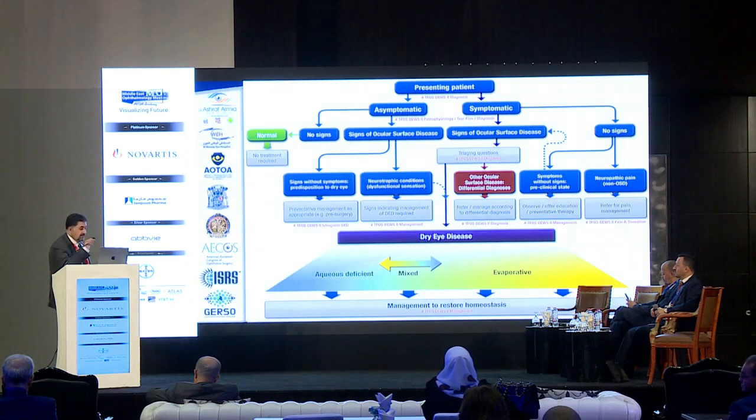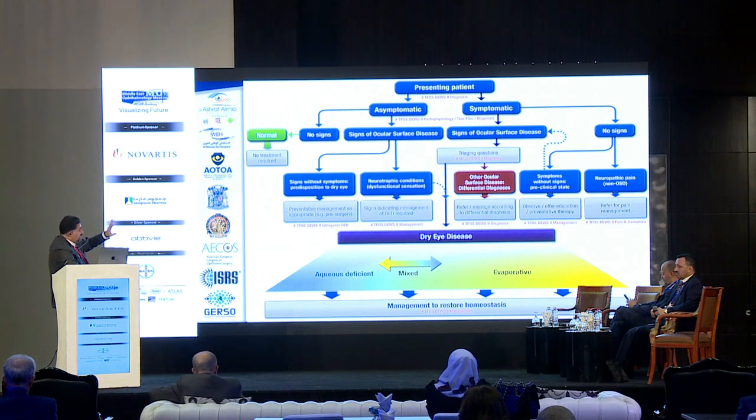So in this very nice scheme, this is everything. If you follow this huge scheme, you can reach what you want to do. If you have a patient, asymptomatic or symptomatic: if asymptomatic with no signs, it's like normal, no treatment required. If there are signs of ocular disease, you differentiate between a neurotrophic condition or signs without symptoms.